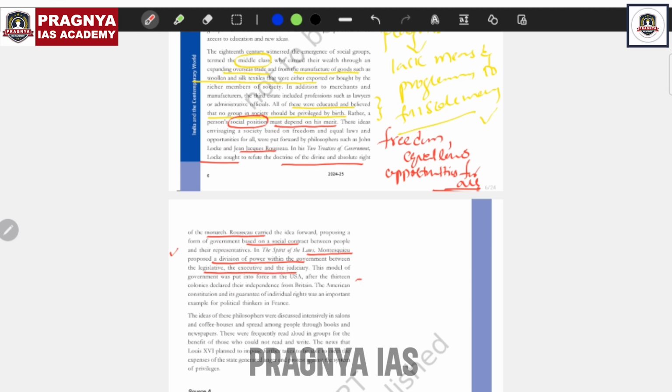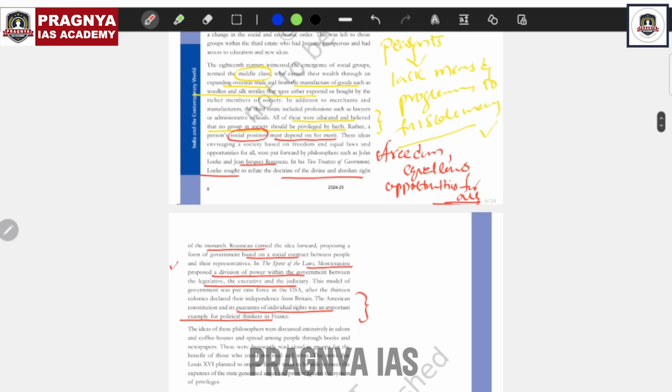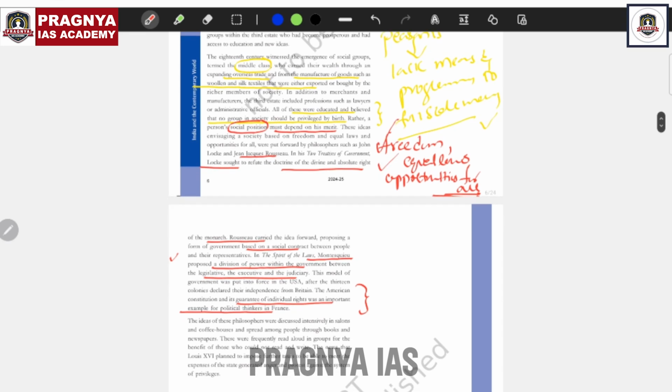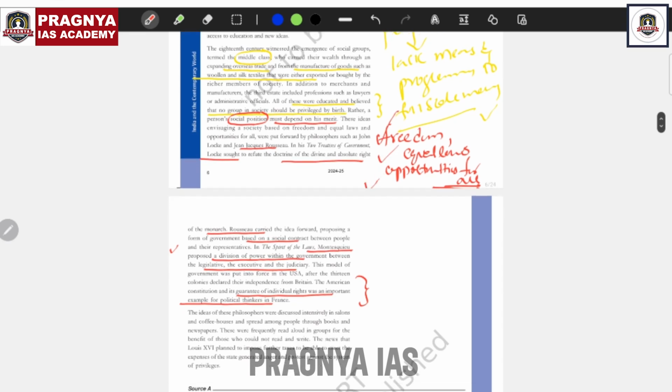If you see now, the American constitution, which guarantees individual rights, was an important example for political thinkers in France. See, these ideas like freedom, equal laws, opportunities for all were discussed heavily in salons and coffee houses, and spread among the people through books and newspapers.